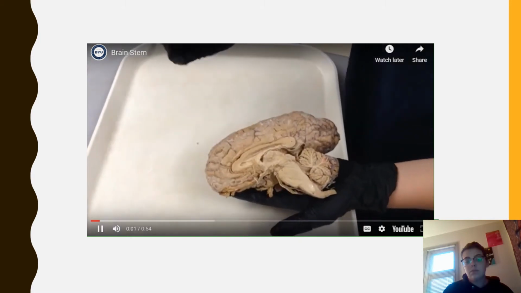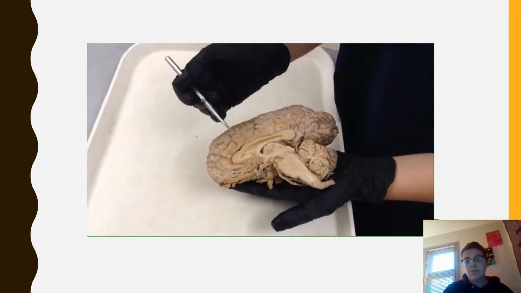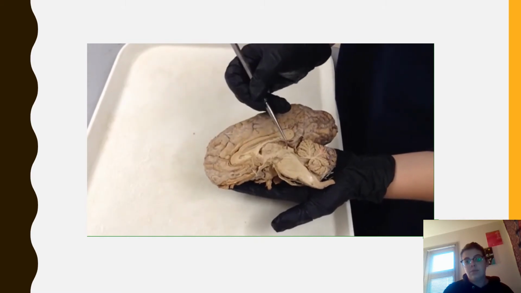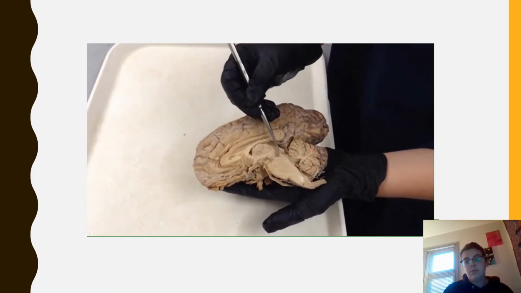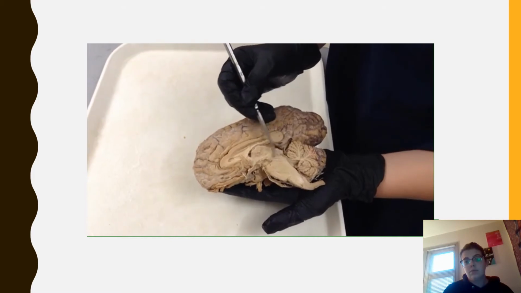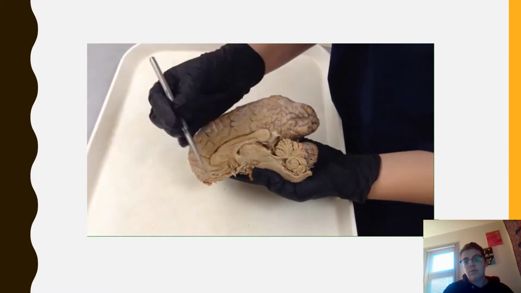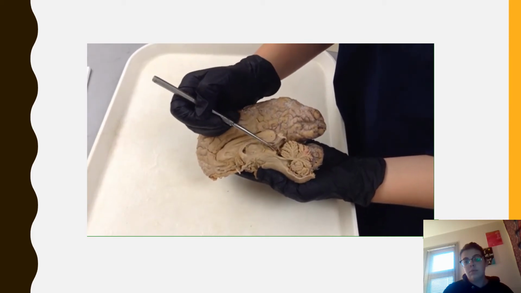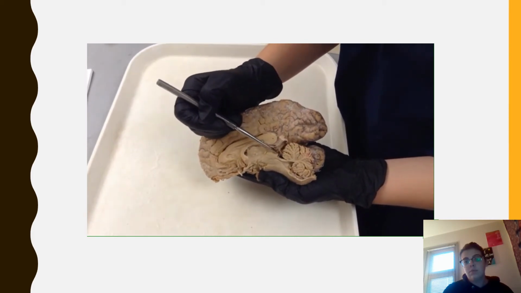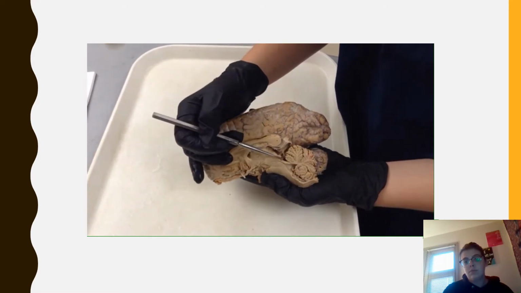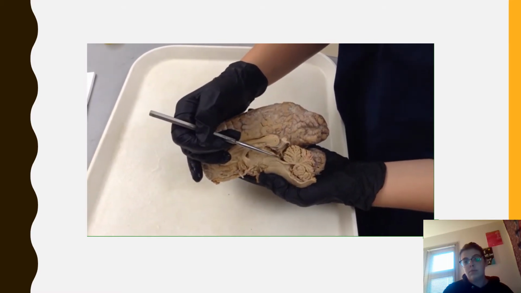Okay, so today we're going to be learning about the brainstem. The first part is the midbrain, which is composed of several structures, the first of which are your cerebral peduncles, which you can see right here. This is one of your cerebral peduncles. Another structure composing the midbrain is going to be the tectum. So these are 2 of the 4 bumps that compose the tectum. Superior here, we have our superior colliculus. Inferior is going to be the inferior colliculus.